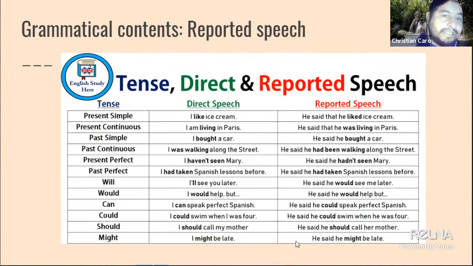Porque estamos describiendo una escena pasada, ¿cierto? En este caso, no es que esté mal, porque aquí el sentido es diferente. He said he might be late. No, en este caso no hay, ¿cómo se diría? Un backshift. No hay un backshift, right? Existe report speech con backshift, no backshift, right?